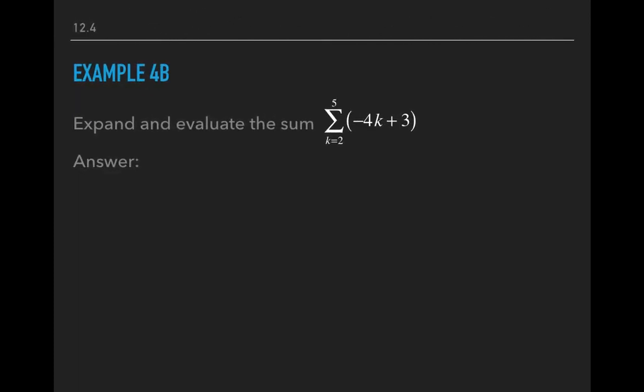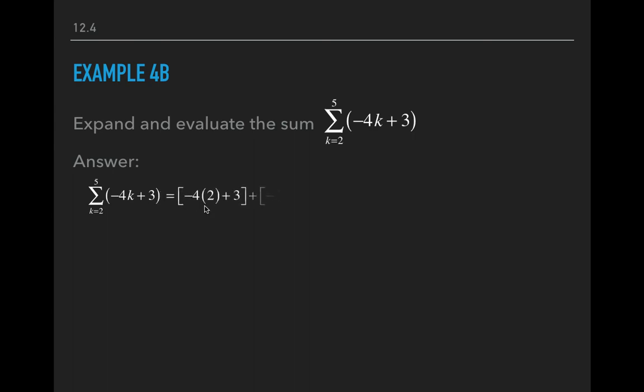Another one here. Let's expand and evaluate this sum. So this is a nice explicit arithmetic sequence. You can tell here that we're looking at a difference. All right, or I should say a sum. So we're going to, though, begin at 2.